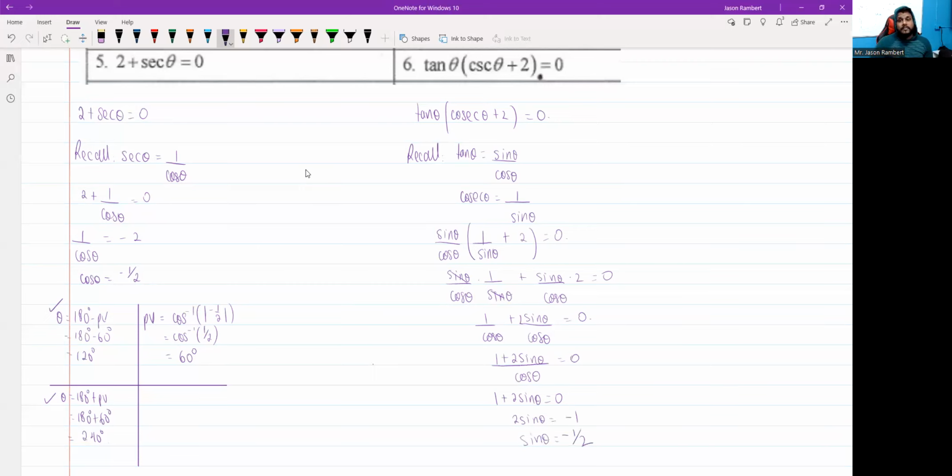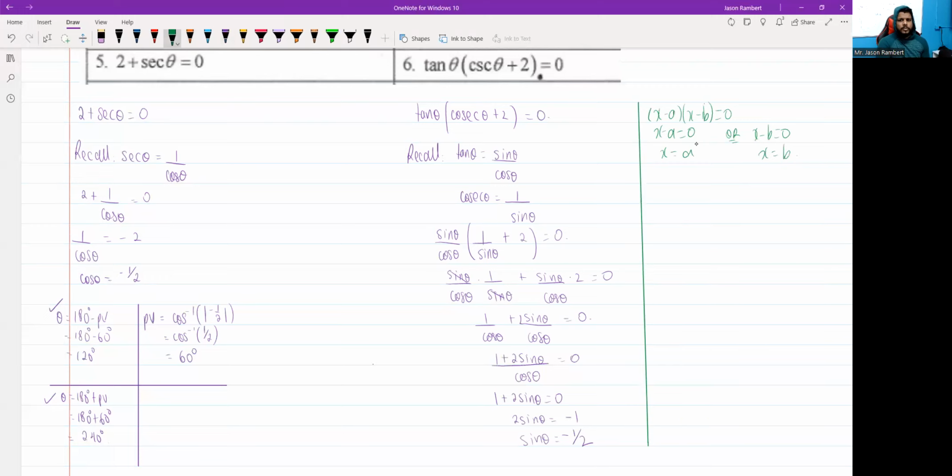I can go and calculate the values of theta just like I did before. Or, an easier way, and I will say it's a more effective way because you get more solutions. If we recall the skills involved in quadratics, if I have x minus a into x minus b is equal to 0, I solve x minus a is 0 and x is equal to a, or x minus b is 0 and x is equal to b.